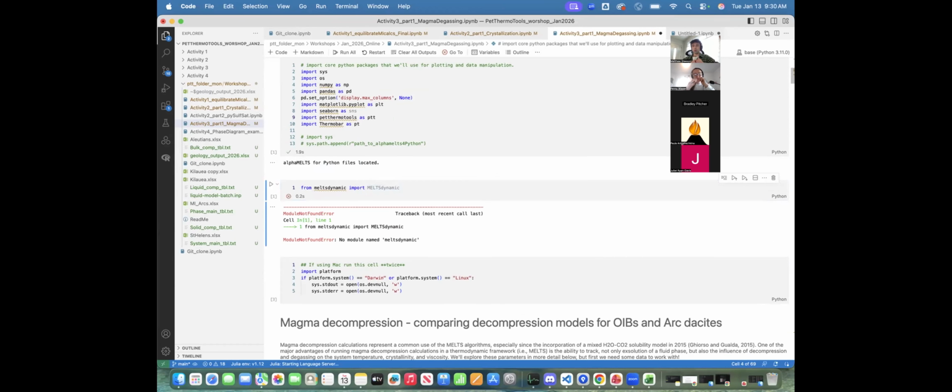If your alpha melts files aren't on the Python path, you'll get the error no module named melts dynamic, and that means you need to either reinstall using the install alpha melts function, or run the sys.path.append line. But this is how you can check whether the alpha melts files are readable from PetThermoTools.